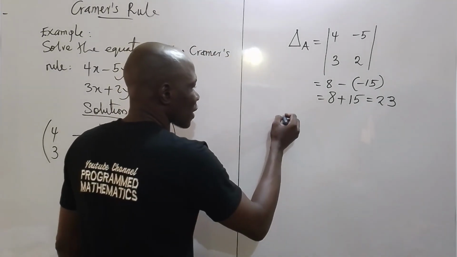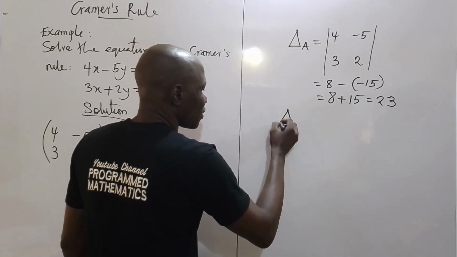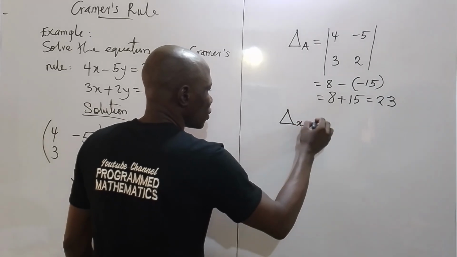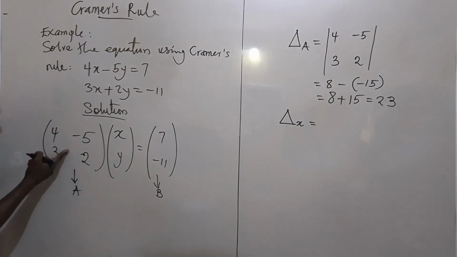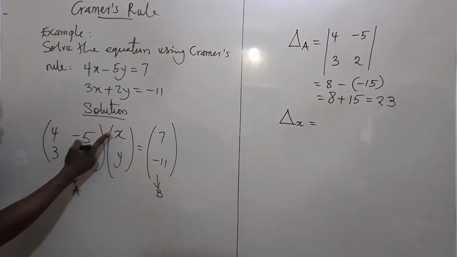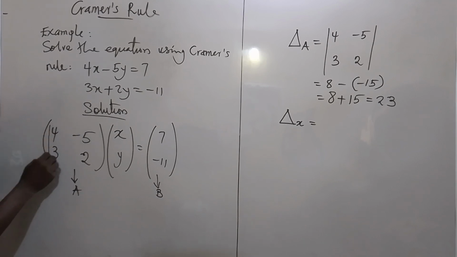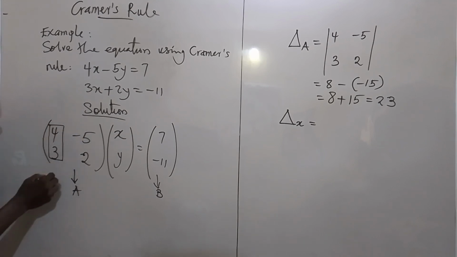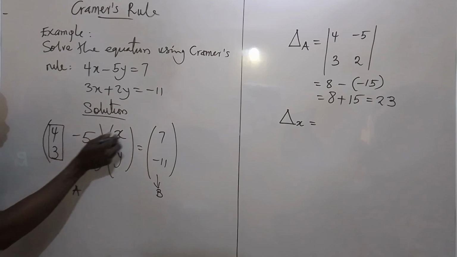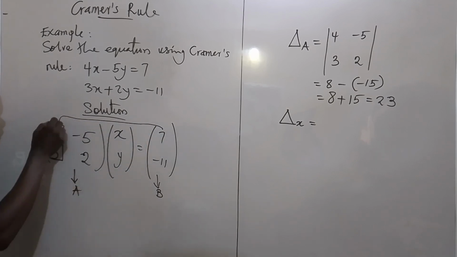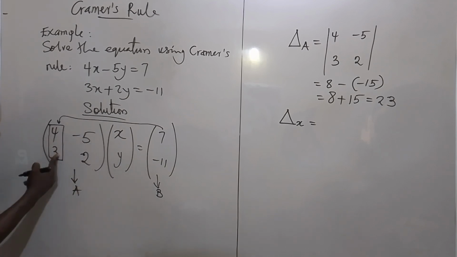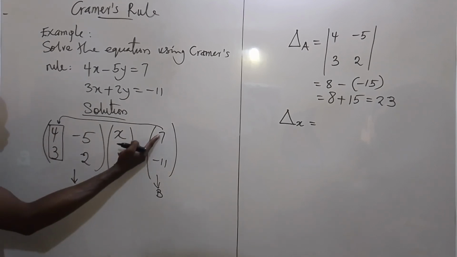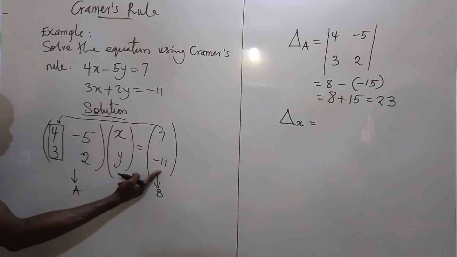Now the next thing we do is find the determinant corresponding to the variable x. To do that, the first thing we need to do is form the matrix corresponding to x. So all we need to do is remove this x column and replace it with the matrix B, that is 7, minus 11.